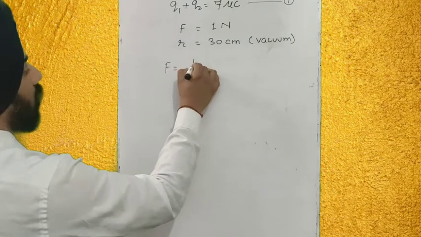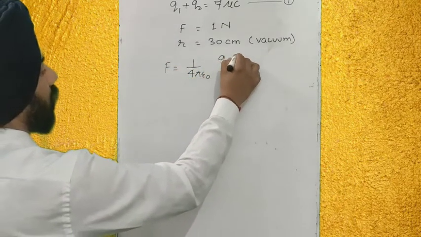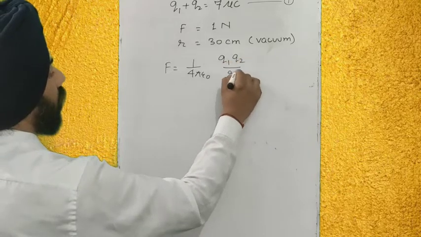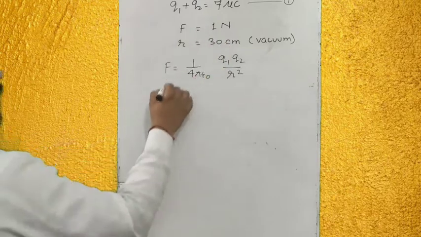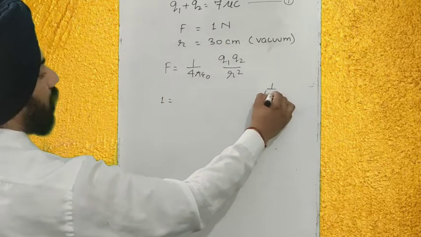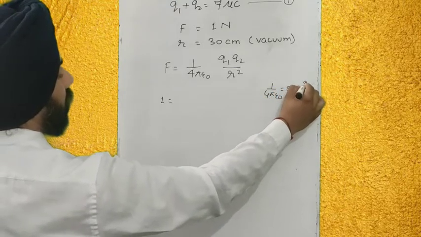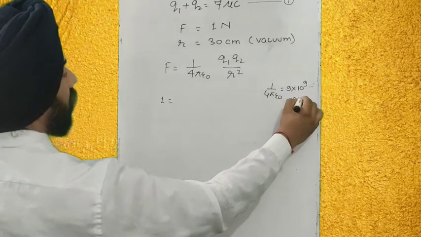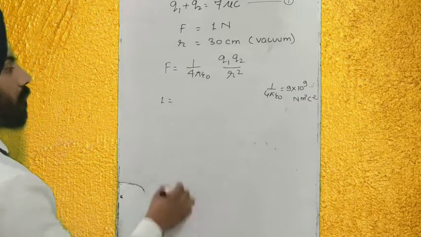F is equal to 1 upon 4 pi epsilon naught, Q1 Q2 upon R square. What is F? F is 1 Newton. 1 upon 4 pi epsilon naught, its value was 9 into 10 to the power 9 Newton meter square coulomb inverse 2.